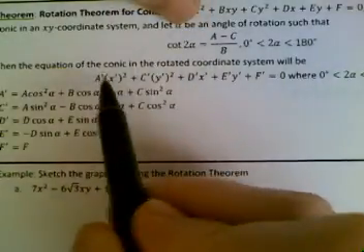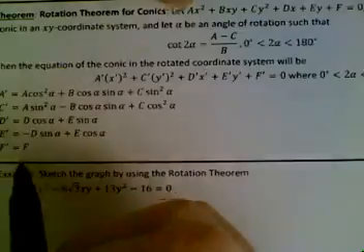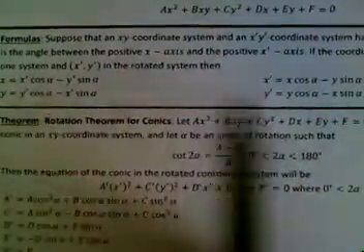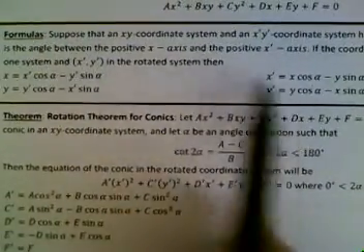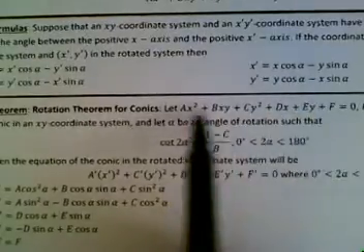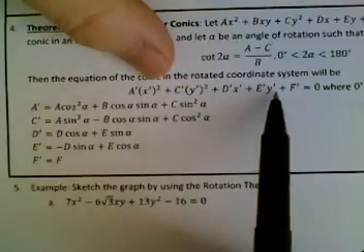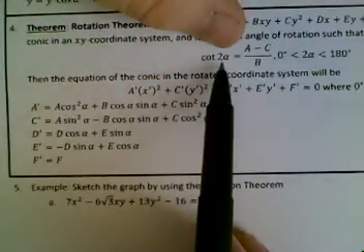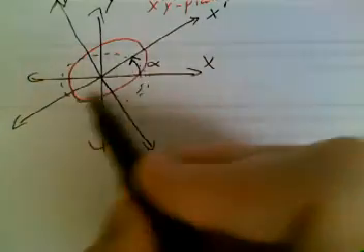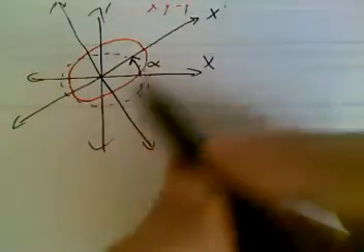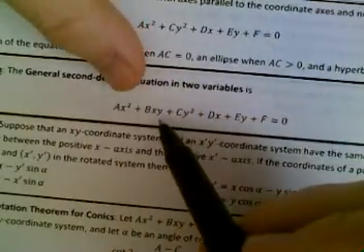What I've done, going from here to here, down to here, is use these formulas, which is why I'm not showing it, to replace the x's and y's up here to get the x primes and y primes down here, where alpha will be my angle of rotation, such that this particular ellipse will now look like this in the new plane, as opposed to this.